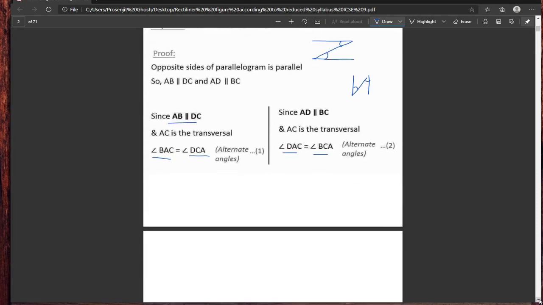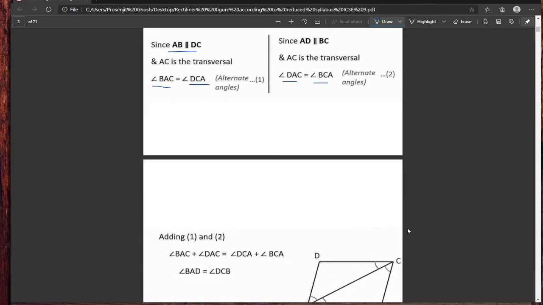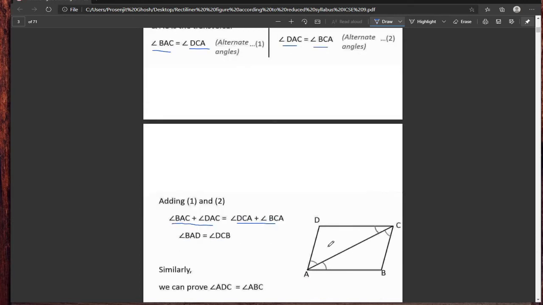All we have to do is add equation 1 with equation 2. That gives BAC plus DAC is equal to DCA plus BCA. Now think again: BAC, this one, is added with DAC, this one, so that whole is nothing but angle A, or you can say angle BAD.